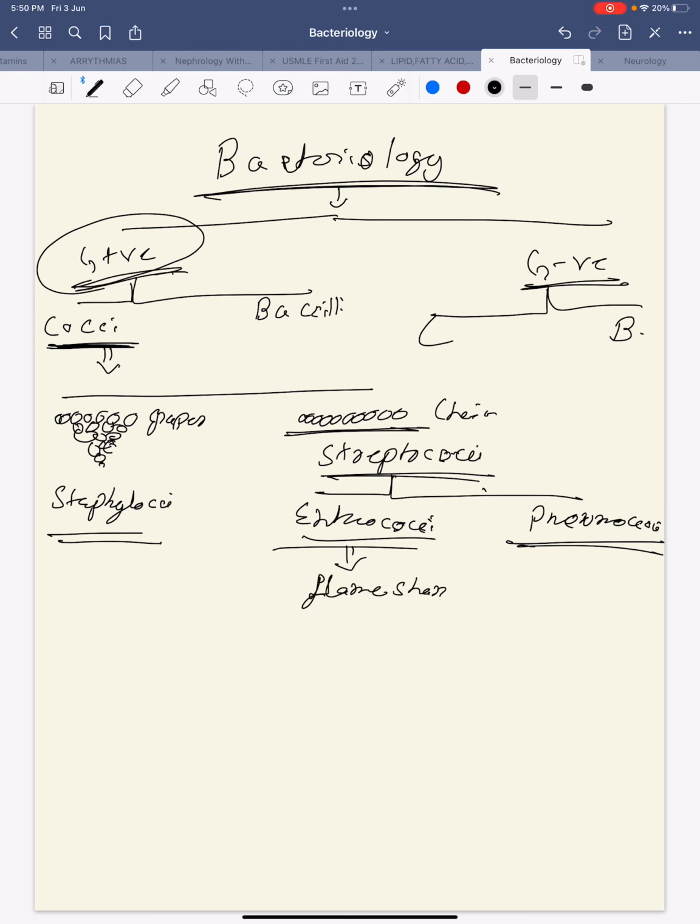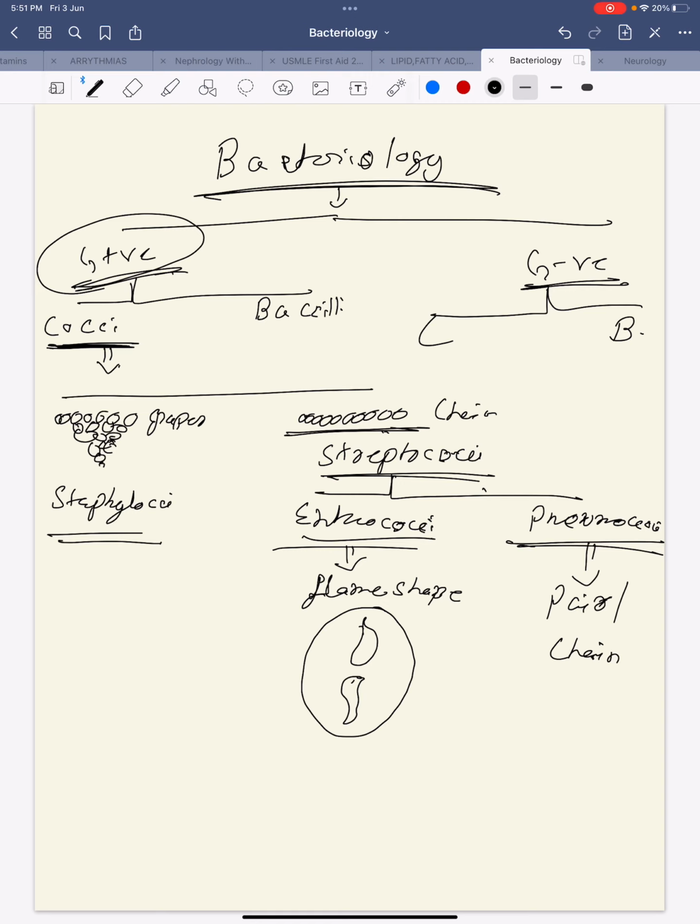They are two flame shapes, so diplococci, flame shape and capsulated. While enterococci, either they can be in pairs or they can be in a chain.